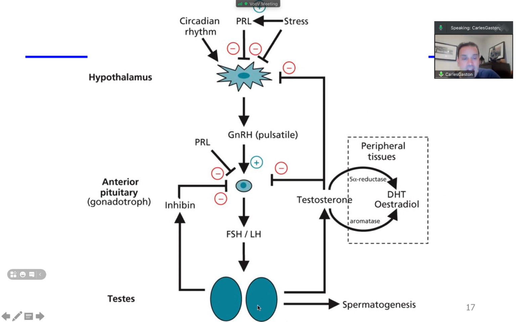It basically has a strong inhibitory effect in the pituitary gland to secrete FSH and LH, but also it has inhibitory effect in the GnRH production under the hypothalamic involvement. Then also testosterone, we will see, can be converted in estradiol in peripheral tissues, but we're not going to touch these now, okay? So you can see it has this negative feedback loop effect in the anterior pituitary and the hypothalamic hormones.